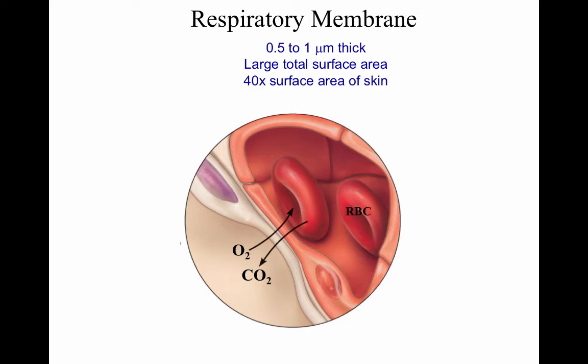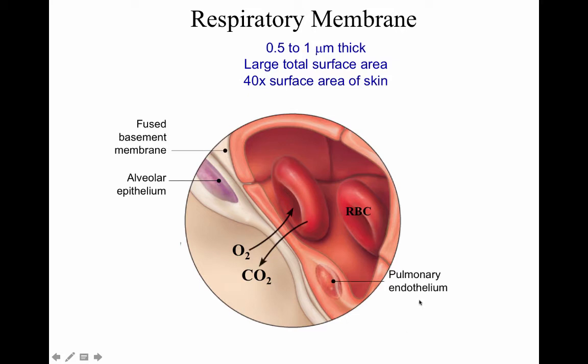So a tremendous amount of surface area within each of our lungs, completely set up to allow for this exchange of oxygen and carbon dioxide into our bloodstream from the lungs, from the alveoli. We see the alveolar epithelium, the pulmonary endothelium, and the fused basement membrane again, these structures that connect up with the capillaries that connect to the lungs.